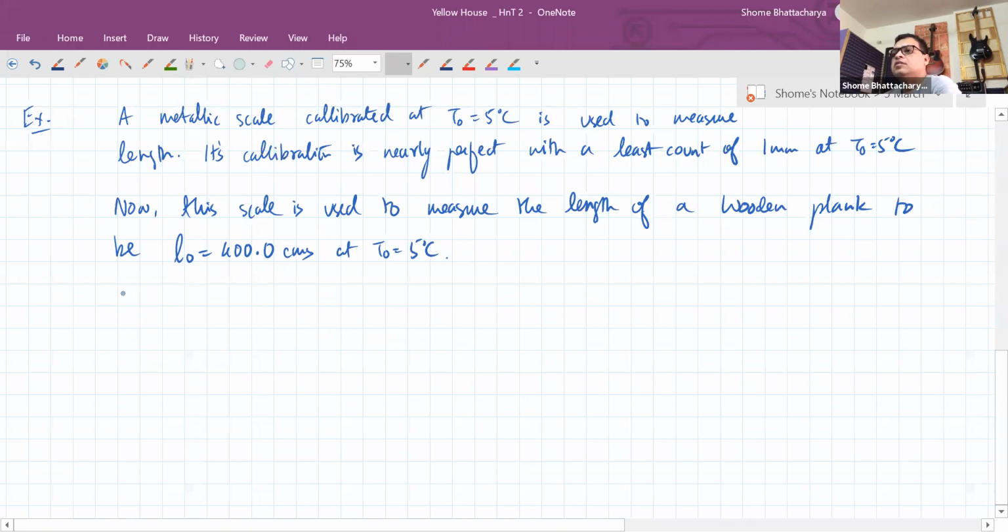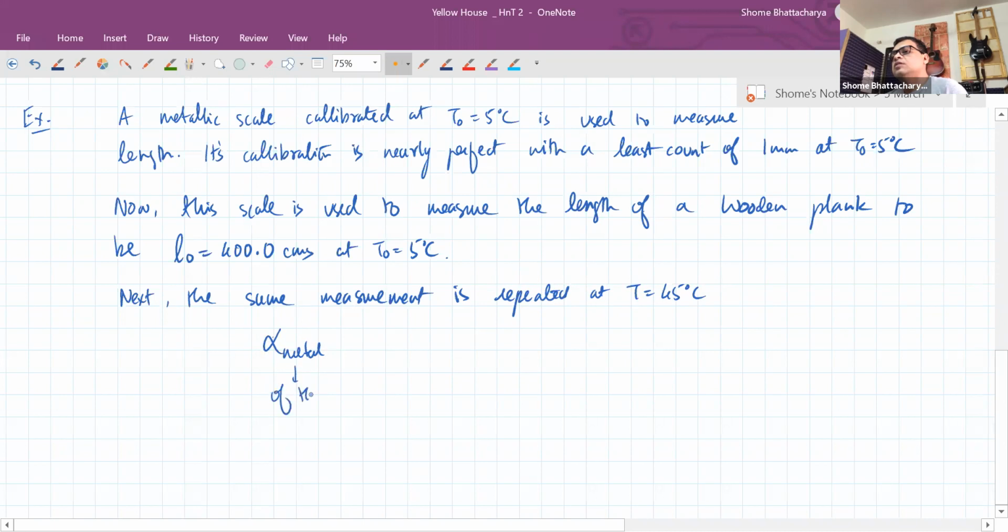Next, the same measurement is repeated at T equal to, let us say, 45 degrees C. Alpha for metal of the scale is equal to 8 into 10 raised power minus 6 per degree C. And alpha for wood, let's say, is 2 into 10 raised power minus 5 per degree C.